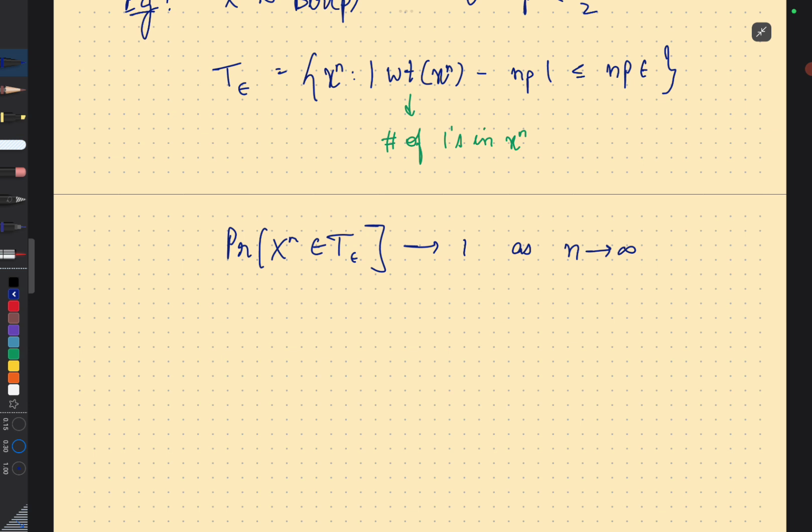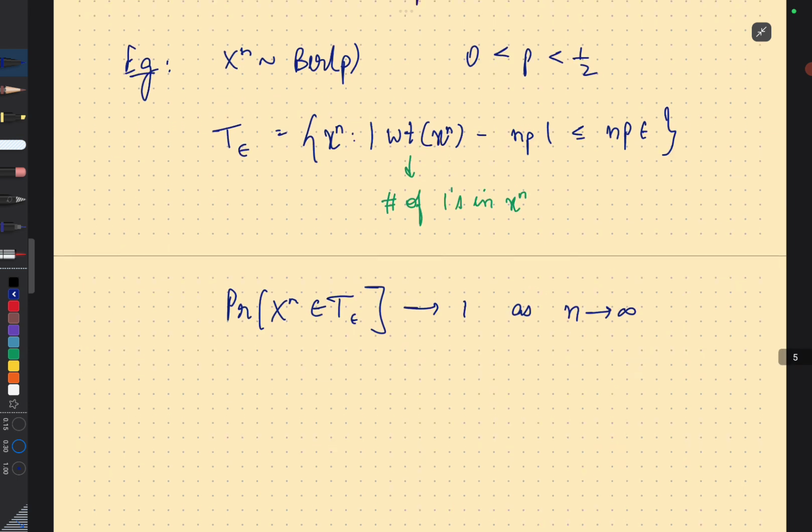All right. So one thing to keep in mind is that this T_epsilon is not the set of all possible sequences with the highest probability.